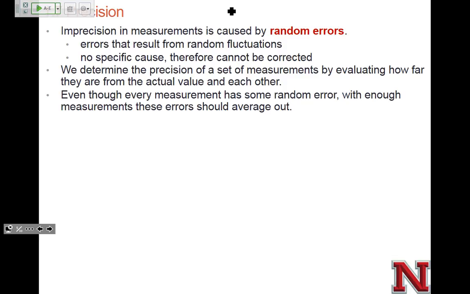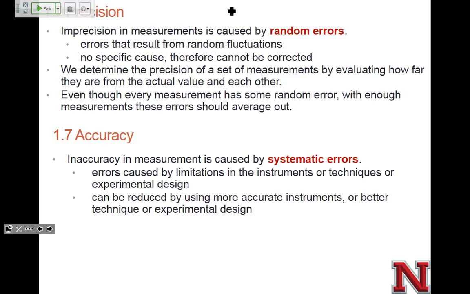And we're not really going to be getting too much into that in this class, but things like your standard deviation and your averages when you're averaging out measurements to see how off those measurements are to each other. Now, accuracy is often caused by systematic errors. So, for example, your instrument might not be calibrated.